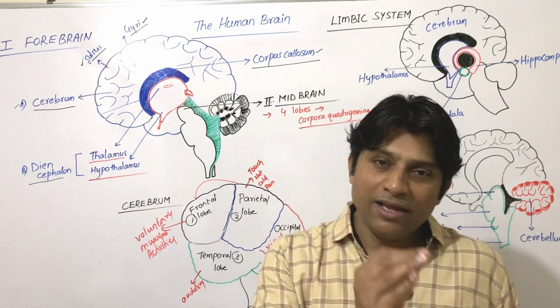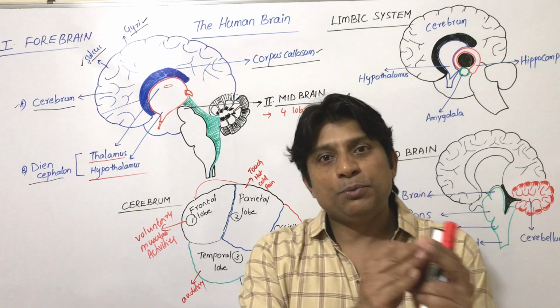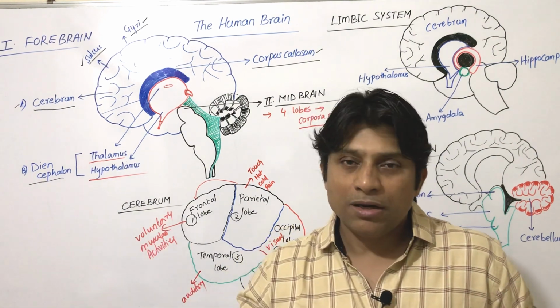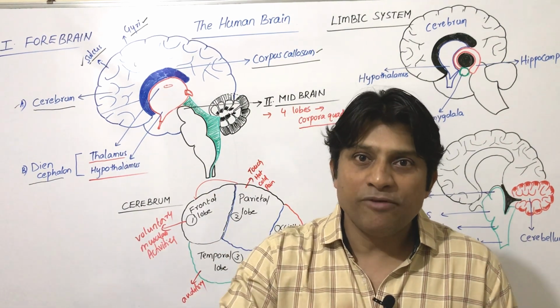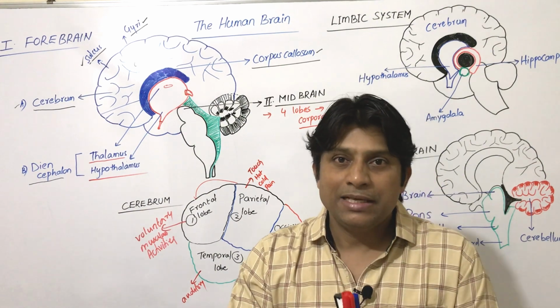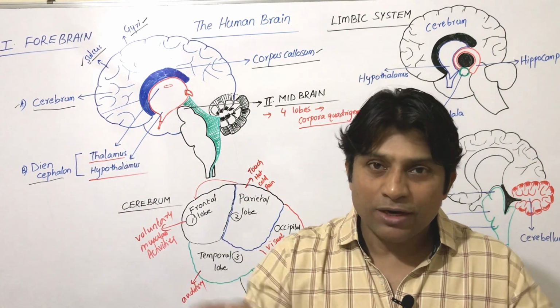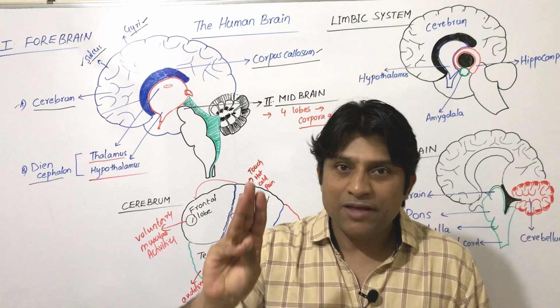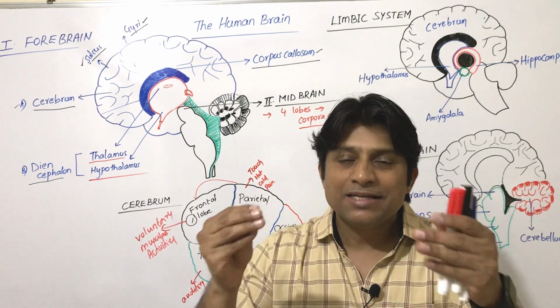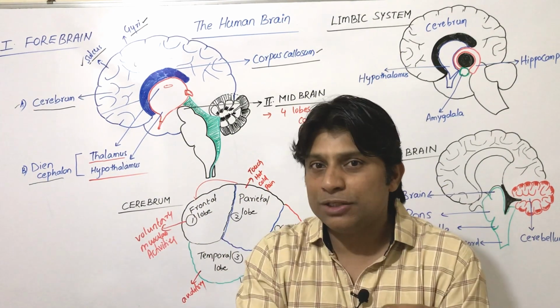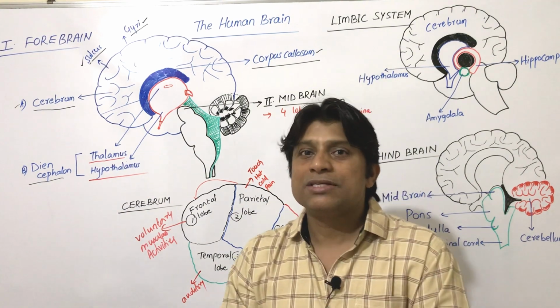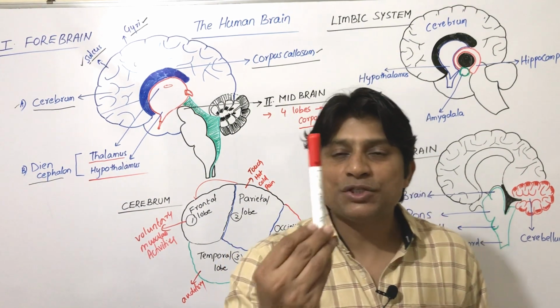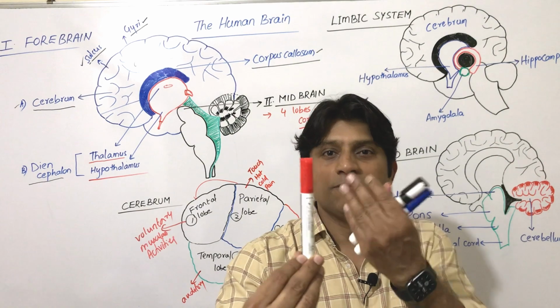Association areas are neither purely sensory nor motor, but they are responsible for memory. Number two, they are responsible for communication. Number three, they are responsible for intersensory association. Meaning, for example, if you can see this marker, you can see it.